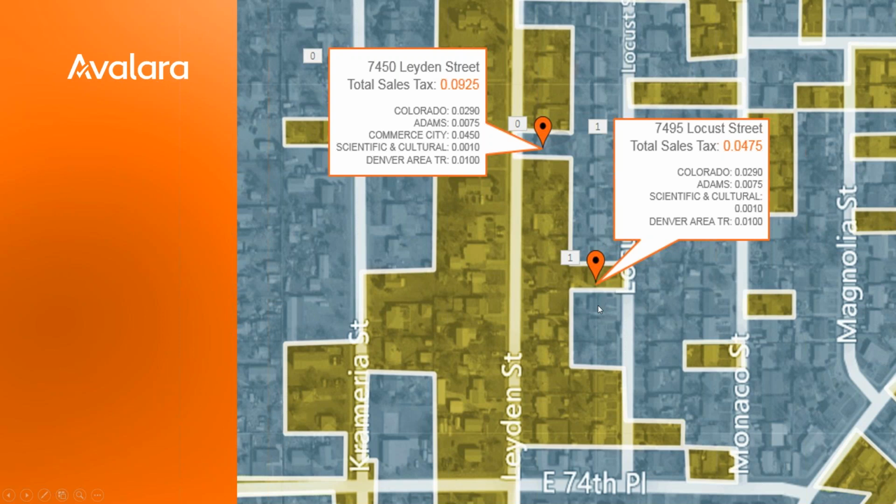So this is why we say rooftop level calculations are very important and zip codes are not the right tool for the job. If you're collecting tax or you live in Colorado, Alabama, Louisiana, California, or Texas, zip codes are not going to be the right tool for the job. They're not going to help make sure you're compliant. These states are very tricky. They're very challenging.